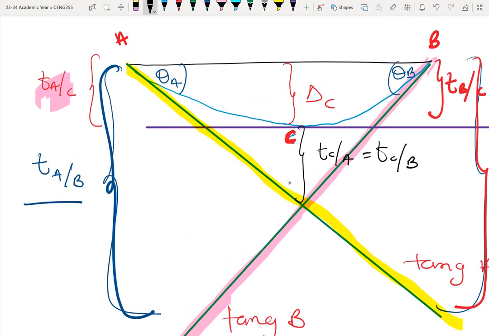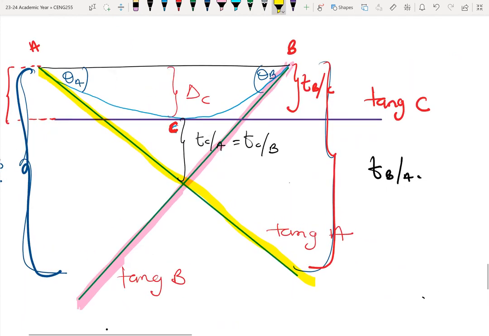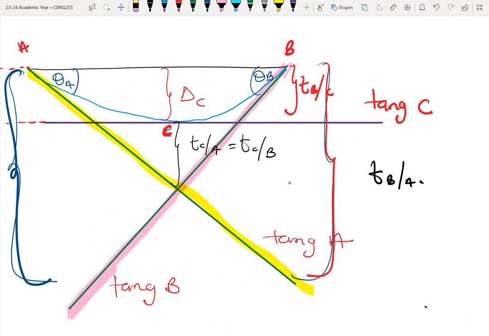The vertical deviation from A with respect to the tangent drawn from C, this distance here, becomes TAC. So we have it here, TAC. And in the same way, if we take the vertical deviation from point B with respect to the tangent at C, then that would also be TBC. Let me rewrite that here.